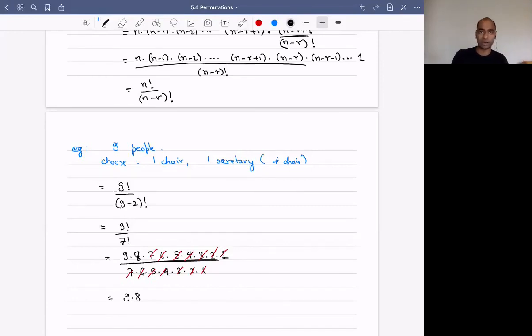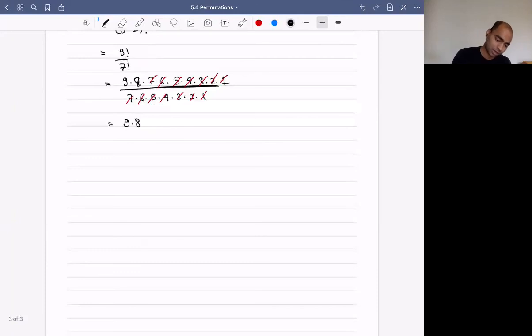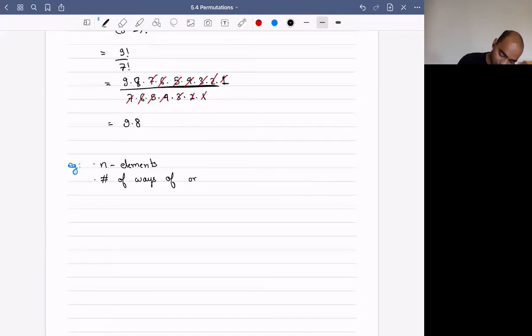One very common R permutation is the whole n permutation. So now this is the last example we'll do here. Say you have n elements, and you are asking what is the number of ways of ordering these n elements. This is a very practical problem. Let's say you have some books at home and you want to ask how many ways are there for you to order them in some way.